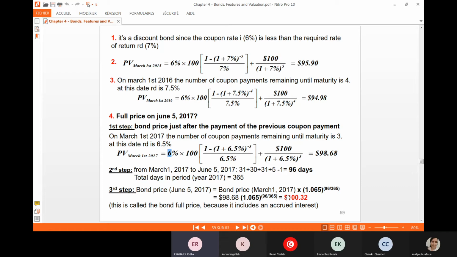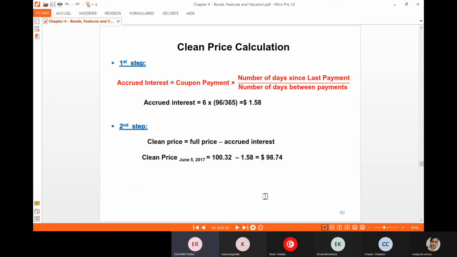But the value of the bond is relatively higher than it should be simply because of the accrued interest. The interest of these 96 days, called the accrued interest, is equal to $1.58. So the clean price on June 5th, 2017 is only 98.74, and this confirms the fact that the bond is a discount bond because, as I said, the coupon rate is less than the required yield to maturity.